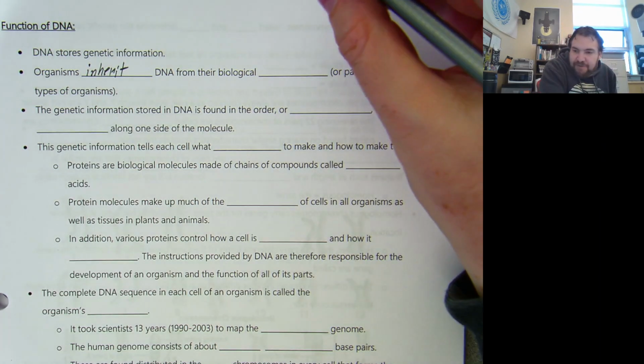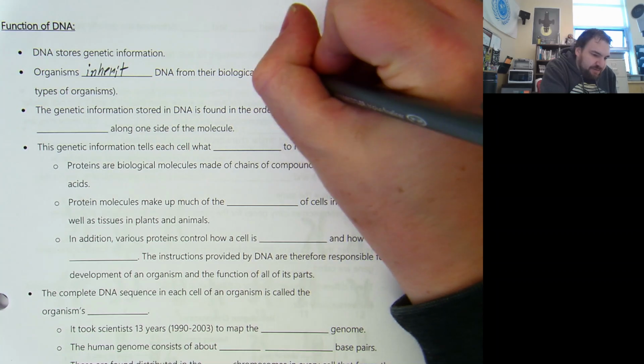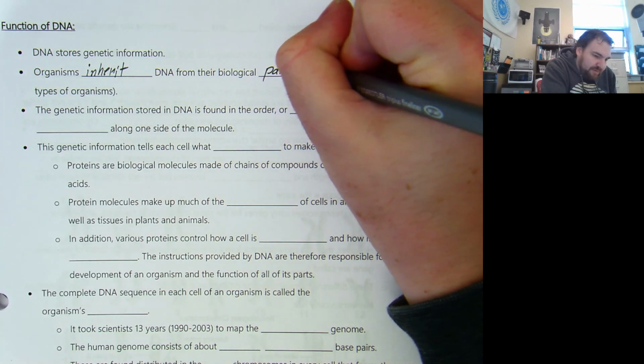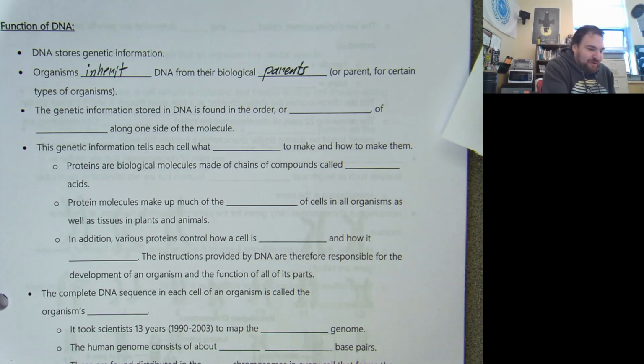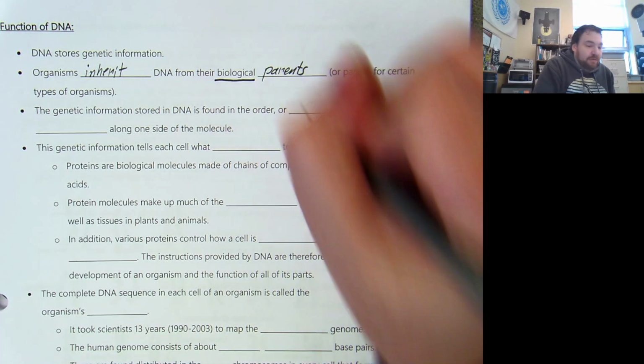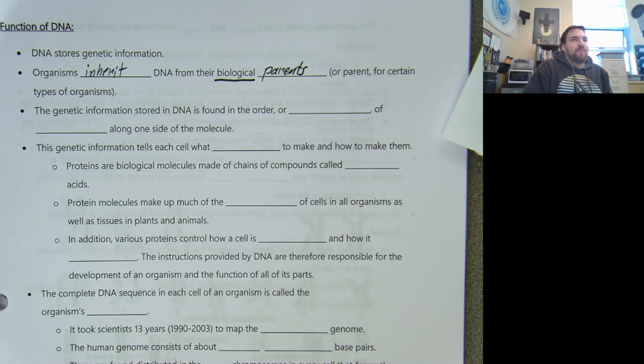Organisms inherit DNA from their biological parents. This term biological is important because people forget this. And even like you guys know already, the concept of parentage is a complicated concept.